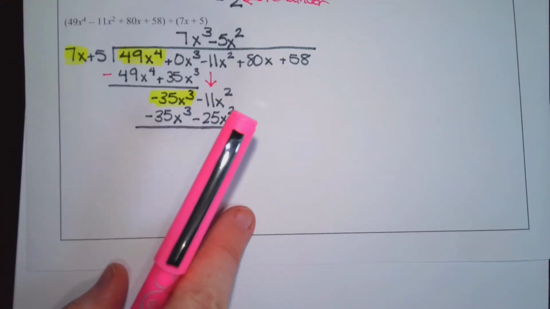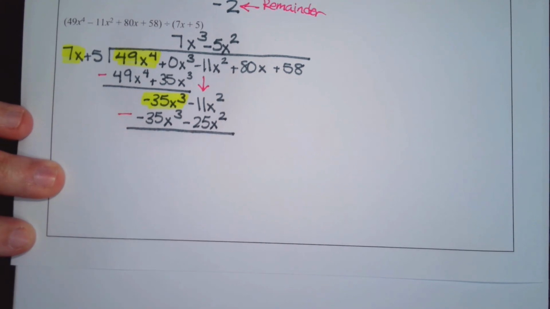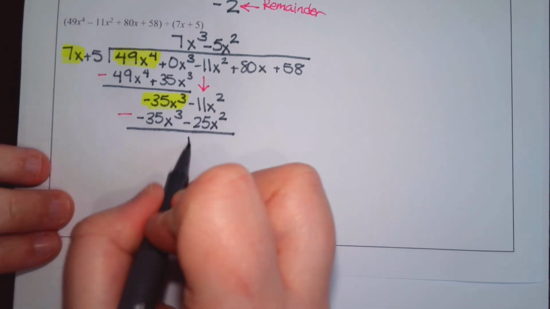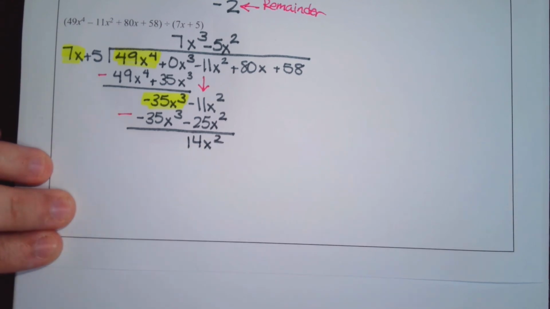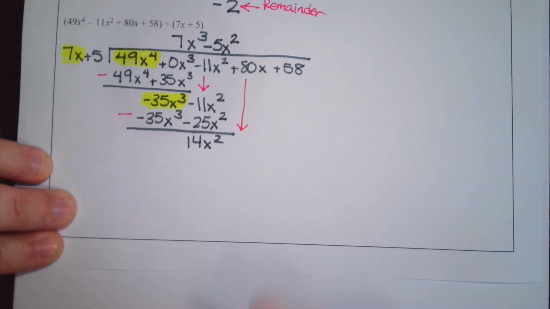Whoops, my apologies. Sorry, guys. We subtract. So negative 11 minus negative 25, and we get 14x squared. Bring down the 80x.